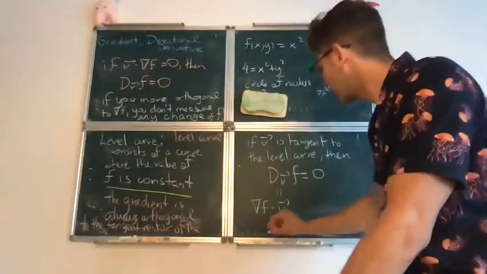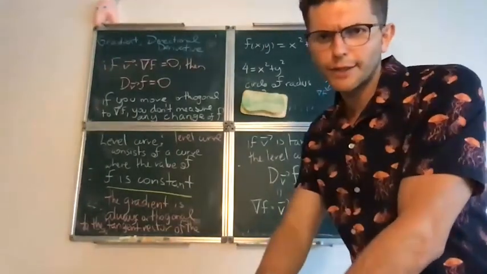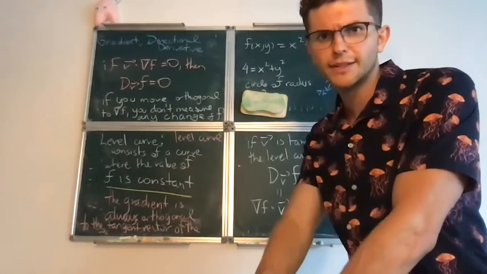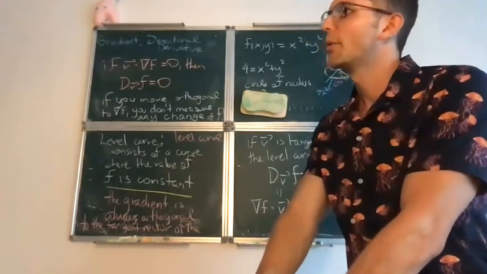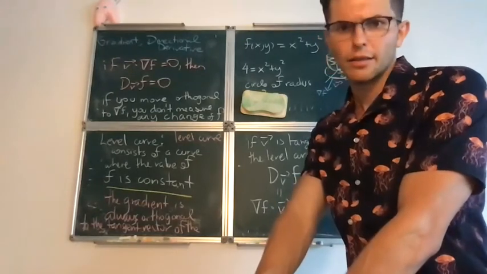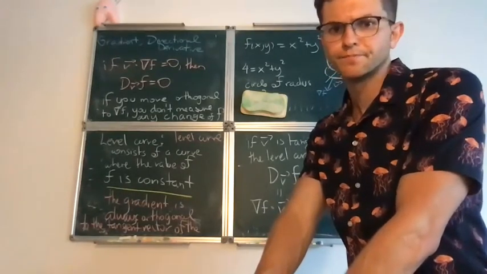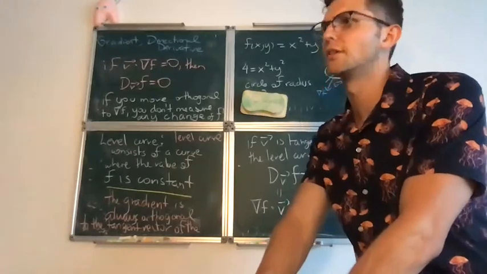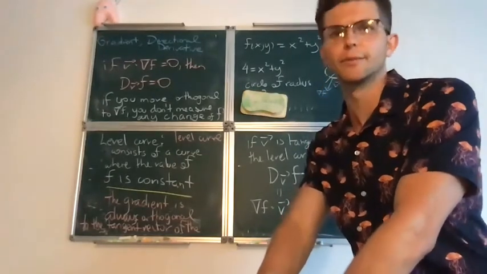Okay, so again, we will revisit this topic in a slightly more geometric way soon, once we talk a little bit more about functions of not just two variables but of three variables.